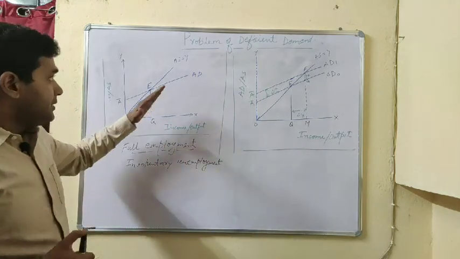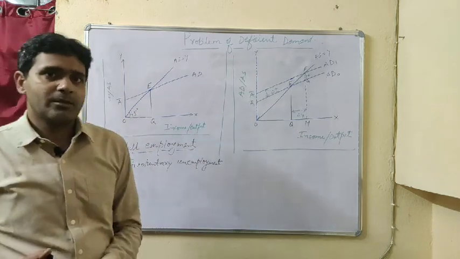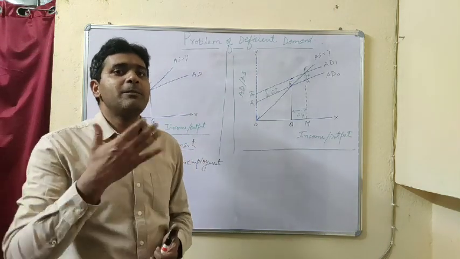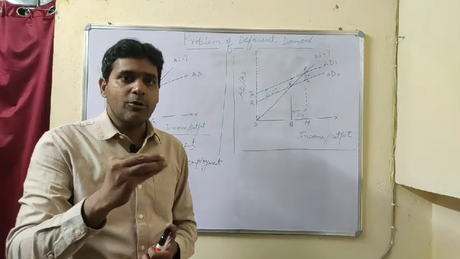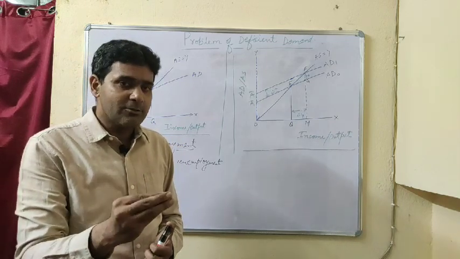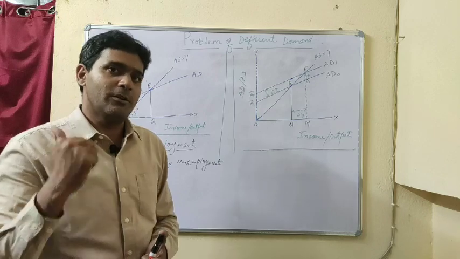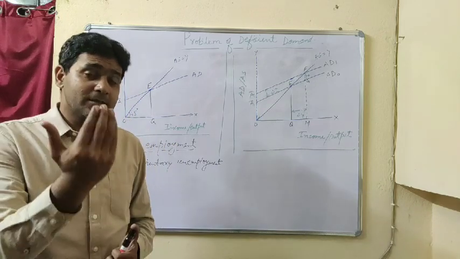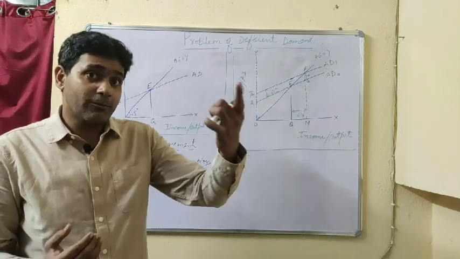Now, there might be a situation where the economy is in equilibrium while the situation is not of full employment, or it may be a situation of over full employment.